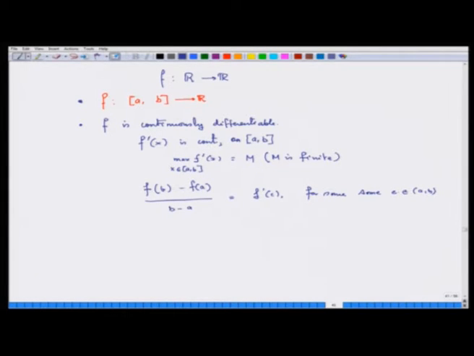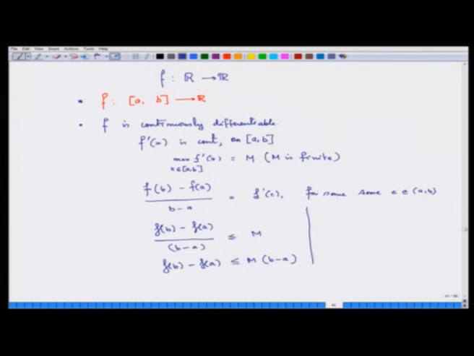Now, whatever be your f dash c does not matter, it has to be less than or equal to M. So, f b minus f a is less than or equal to M times b minus a.